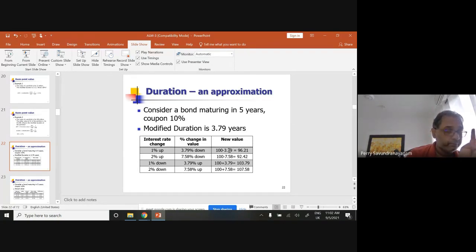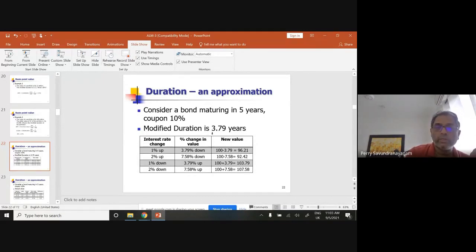Agreed? Yes. Then the price will be now 95, correct? Because the modified duration on that bond will be 5 years. 5 years into 100 basis points is 5%. It goes down to 95.